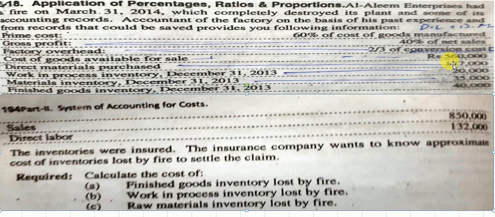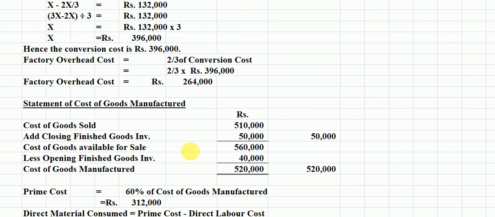Now we put this value in the given data, 5,60,000 rupees. Now we take the difference between 5,60,000 and 5,10,000. The difference between them is 50,000 rupees. This is the balancing figure, the closing finished goods inventory.